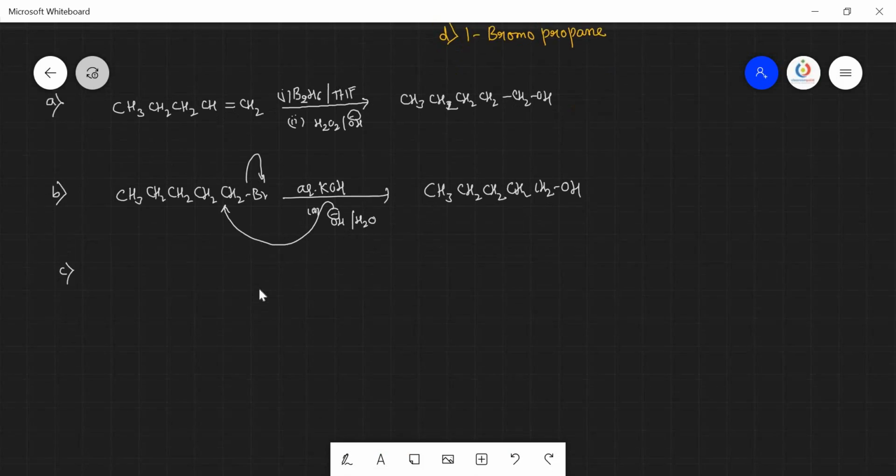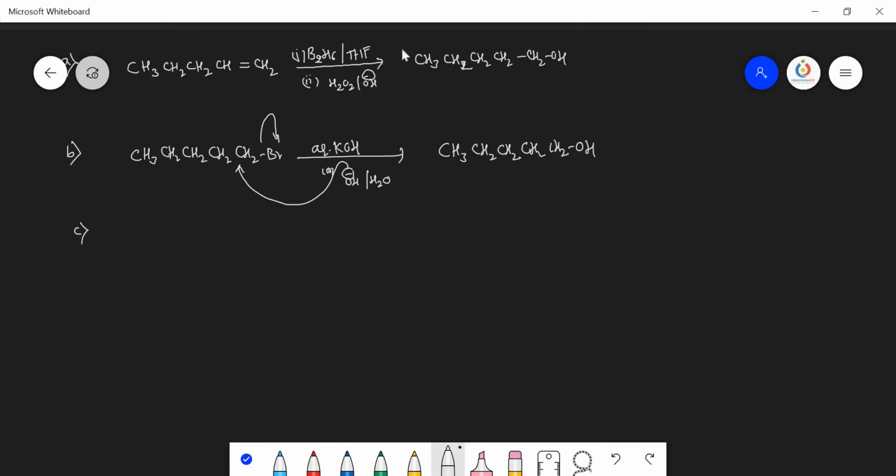Let us see question number C, 1-bromobutane. Now the number of carbon atoms is less. In the previous two questions, the number of carbon atoms of the reactant and product are the same, but the number of carbon atoms in question C is less, that is 1-bromobutane. So CH3, CH2, CH2, CH2Br. This is 1-bromobutane. So we need to increase the number of carbon atoms. That can be done by the cyanide process or creation of the Grignard reagent or Gilman's reagent or lithium.